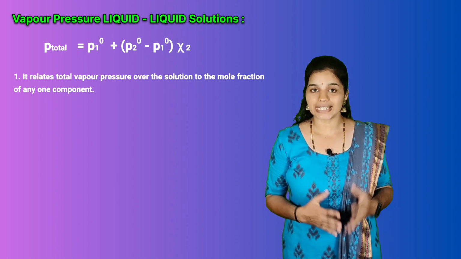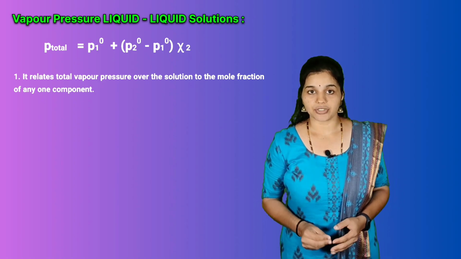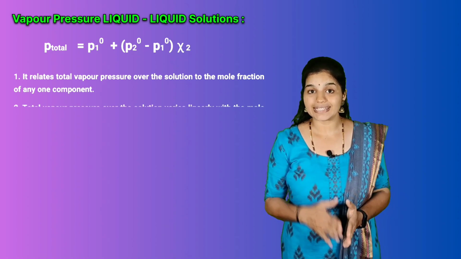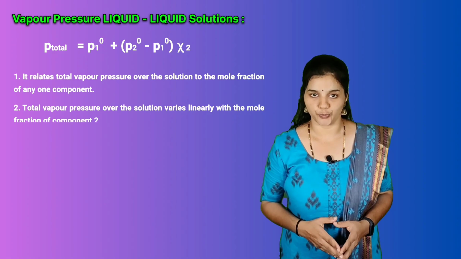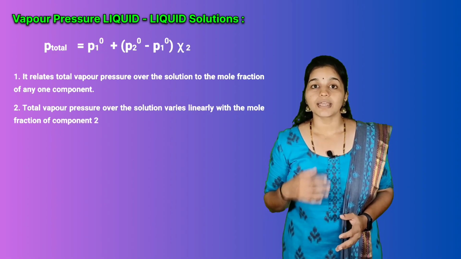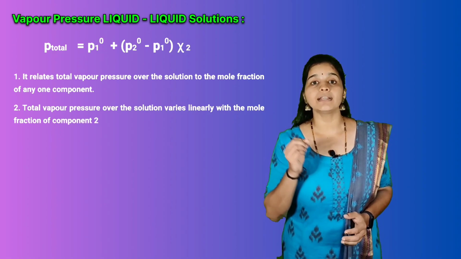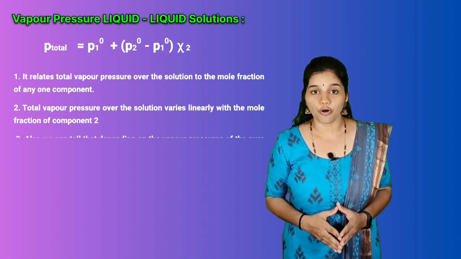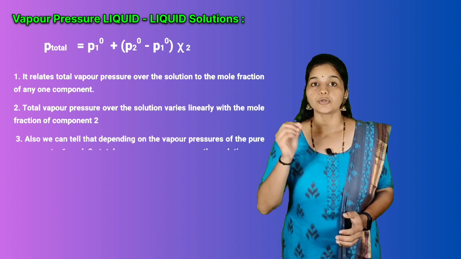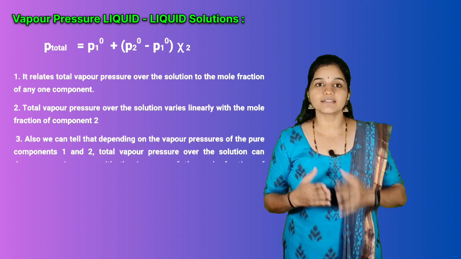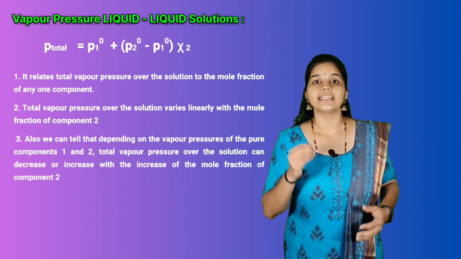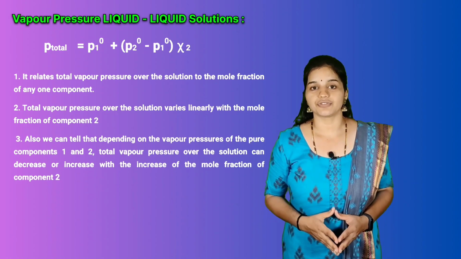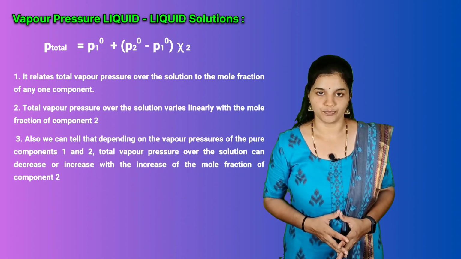Secondly, the equation tells us total vapor pressure over the solution varies linearly with the mole fraction of component 2. Third, we can also tell that depending on the vapor pressure of pure components 1 and 2, total vapor pressure over the solution can decrease or increase with the increase of mole fraction of component 2.